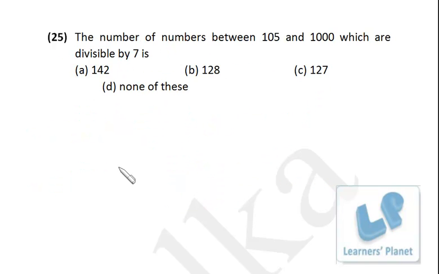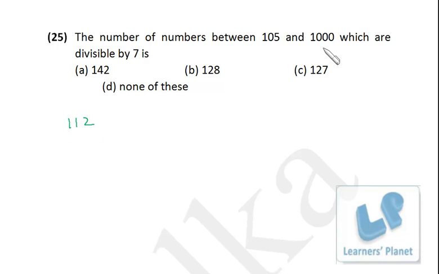Now the number of numbers between 105 and 1000 which are divisible by 7. 105 itself is divisible by 7. The next number is 112. Since we have to find the numbers between, both 105 and 1000 will not be included. So the first number is 112.